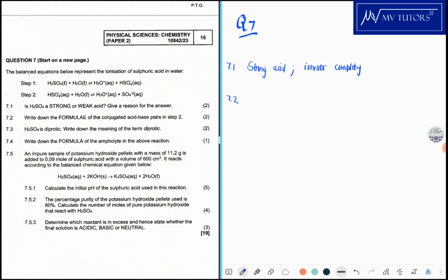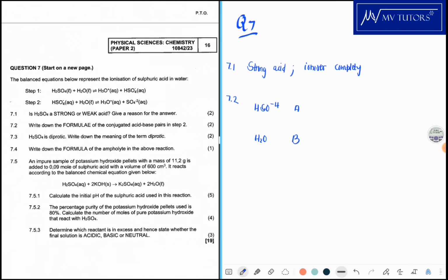And then 7.2. Write down the formulae of the conjugate acid-base pairs in step 2. In step 2, HSO4 is actually an acid, and H2O, in this case being an ampholyte, is a base. Now H3O, hydronium, we know that that's an acid, so that would be your conjugate acid.